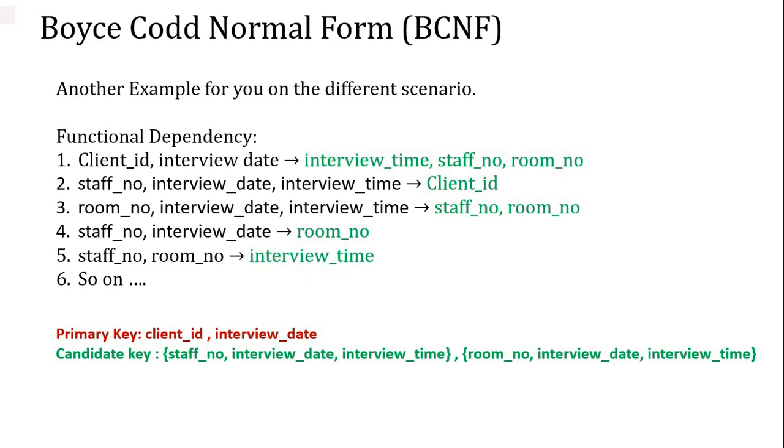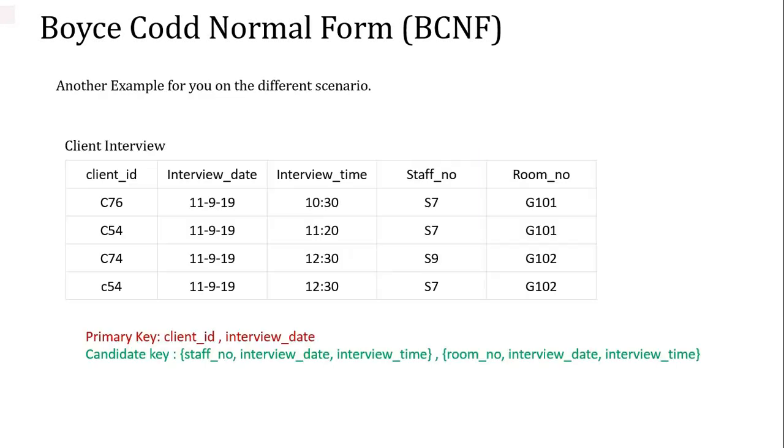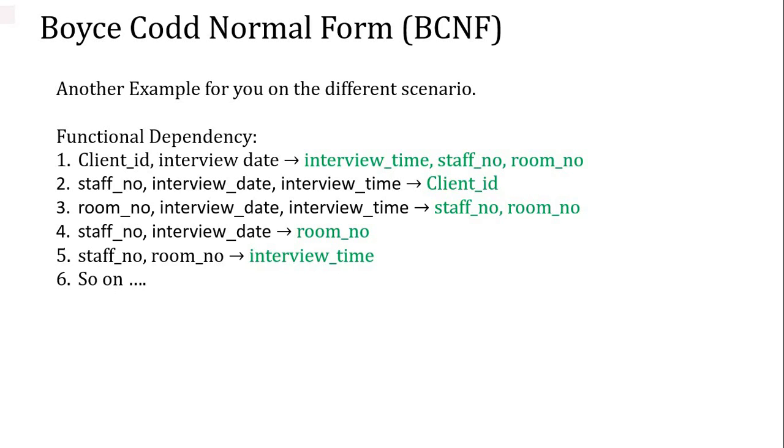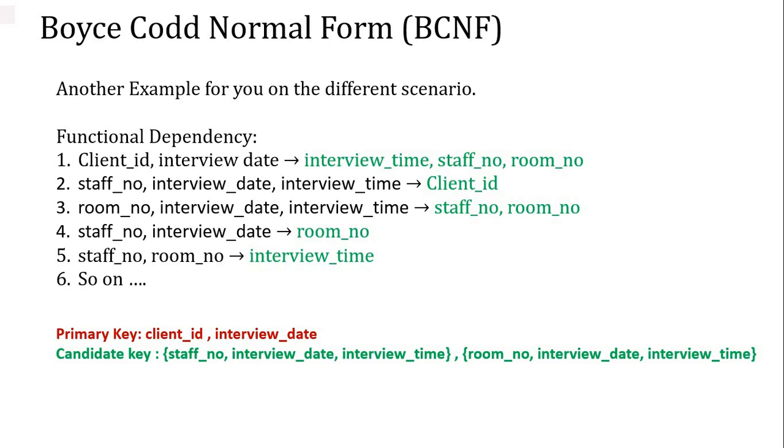So if we look here, you see from 1, 2 and 3, these three are maintaining the rule, so these are in the class A. So in these 3, 1 and 3 having 5 attributes, whereas our mother table having the 5 same attributes. So if we make the table with these 1 and 3, that is client ID, interview date, interview time, staff number and room number, it basically returns the same table which is the mother table.